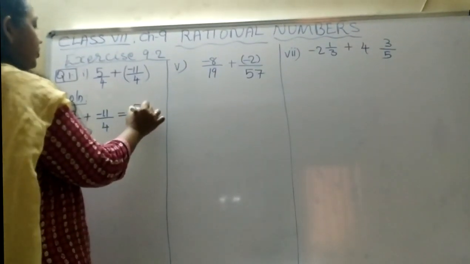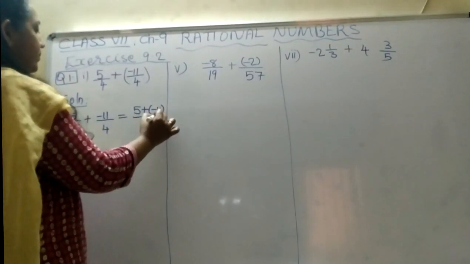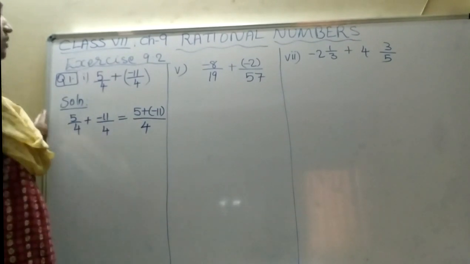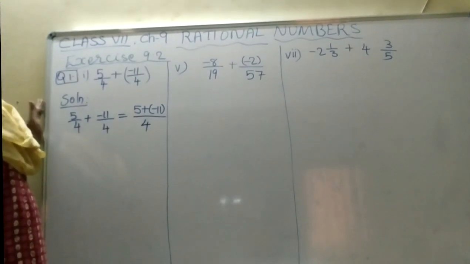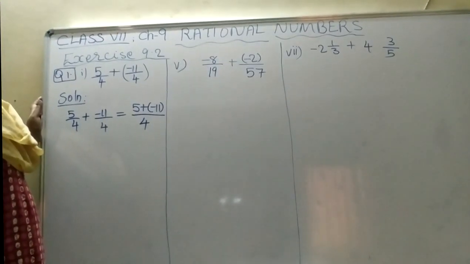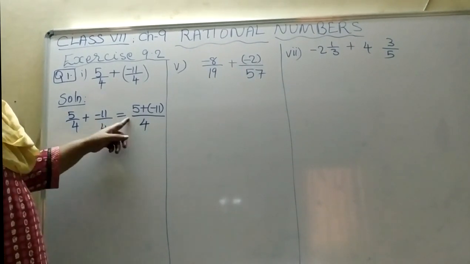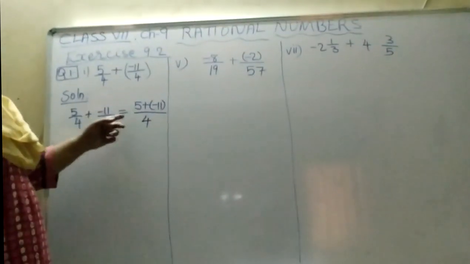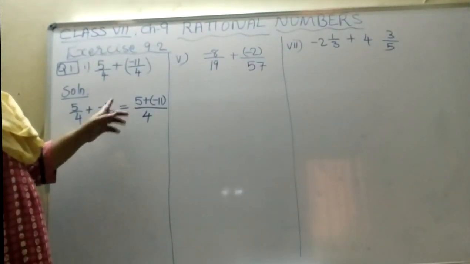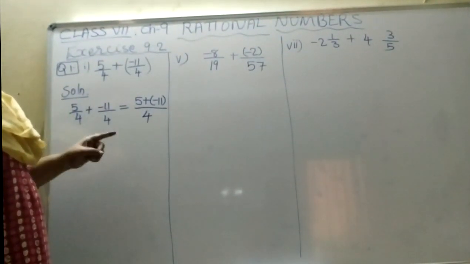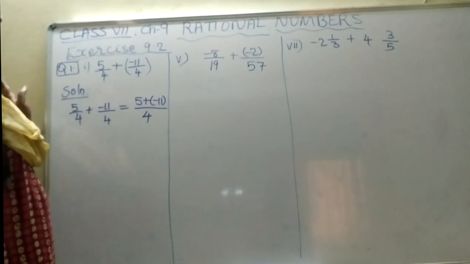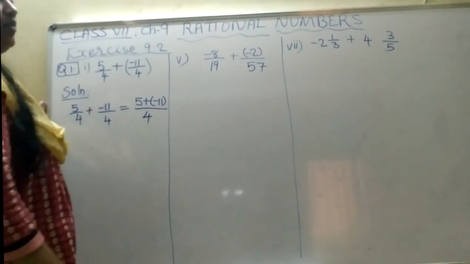So 5 plus minus 11. Both the numerator and the denominators are integers, so we can use the rule of addition of integers over here. That means if the signs are different, bigger number minus smaller number and put the sign of the bigger number.